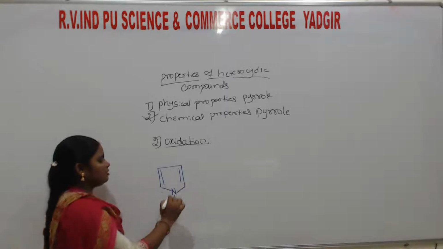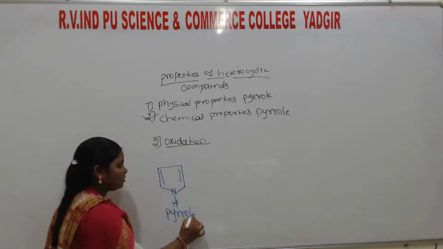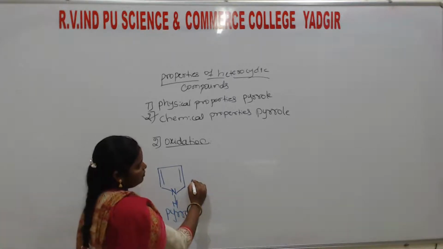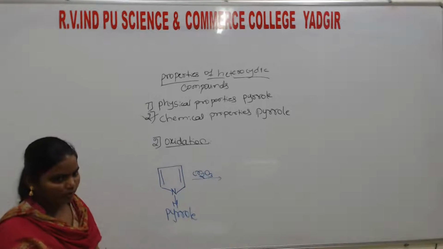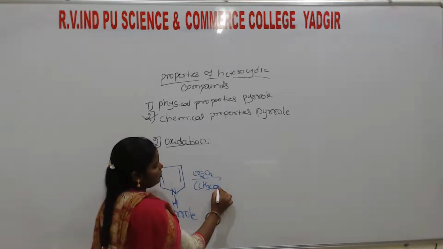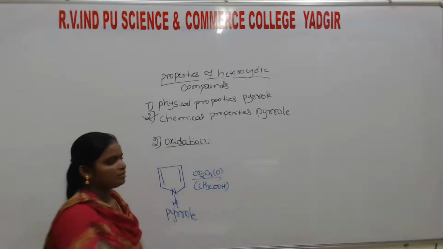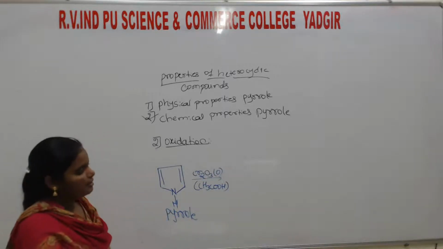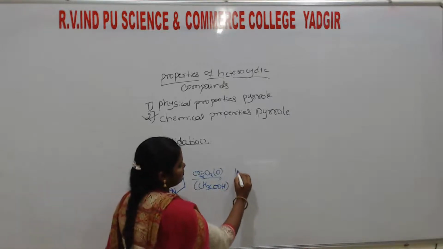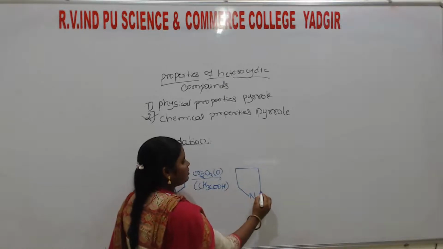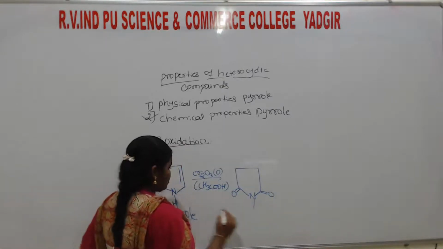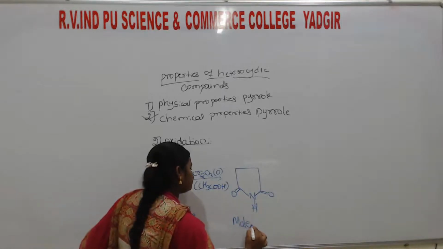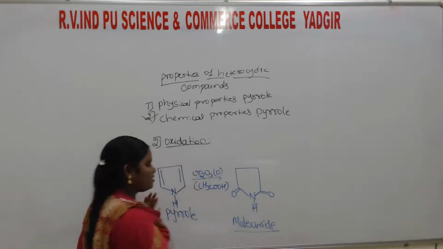This is pyrrole, in the presence of Cr2O3, chromium trioxide, and acetic acid, CH3COOH, with nascent oxygen present here, and the formation is maleimide, with double bond O, double bond O. This is maleimide. Here is H. This is the product.